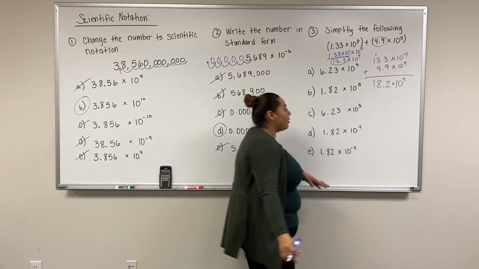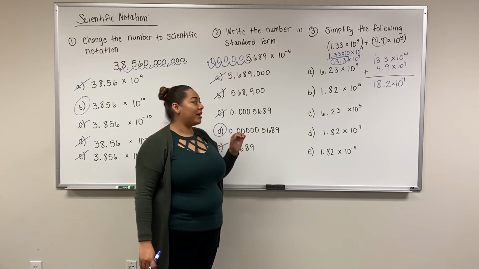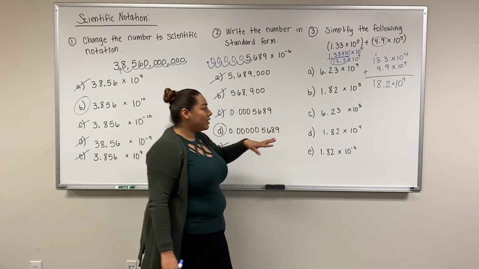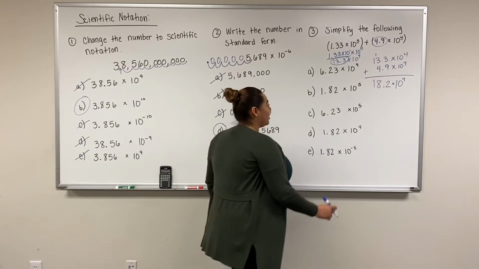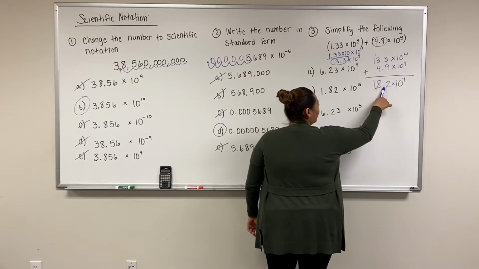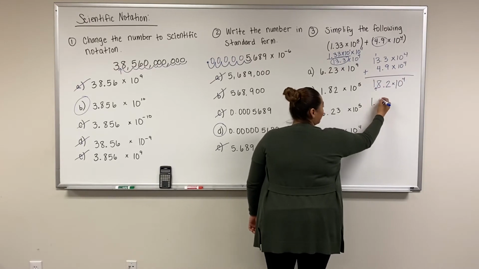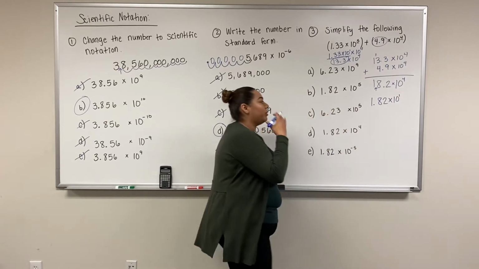But remember that we said that to have it in scientific notation, the number has to be between 1 through 9. In this case, we have an 18. So we're going to have to change this one to scientific notation. Just move the decimal over once. Therefore, you're just moving it 1 decimal place. That's 1.82 times 10 to the 1 because we only moved it once.